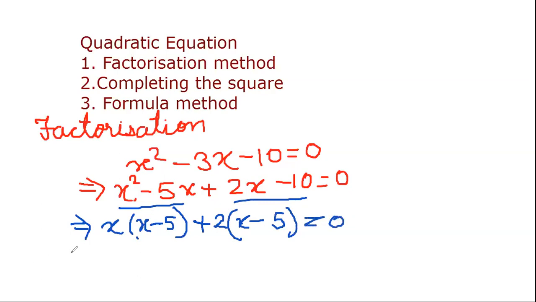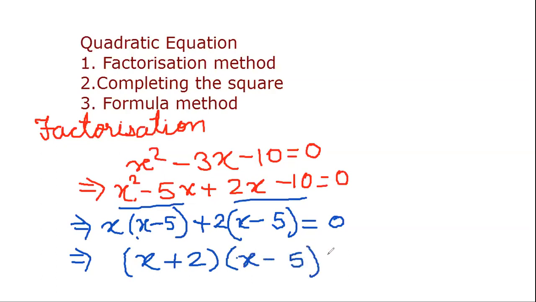So it becomes x plus 2, x minus 5 equals to 0.